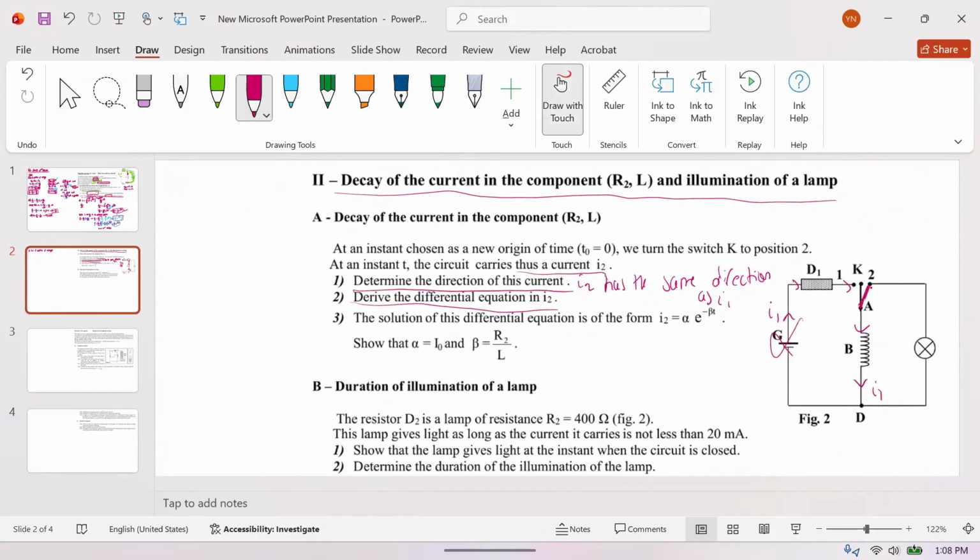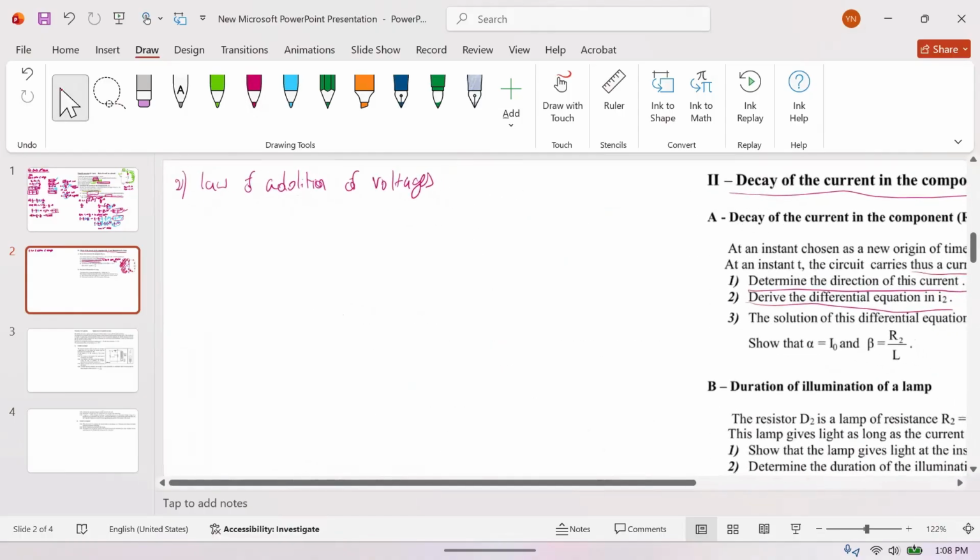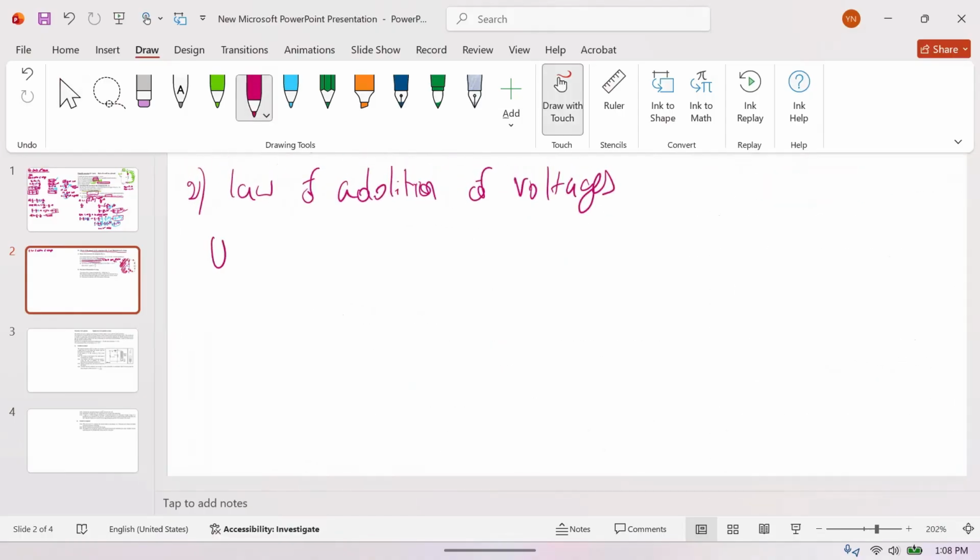Now we have the switch on position 2, and instead of I1, we will be having I2, and the left side of the circuit will be avoided, and this I2 will keep on flowing through the lamp, or the lamp that is behaving as a resistor. Now, as we can see, we have U of the coil plus U of the lamp.